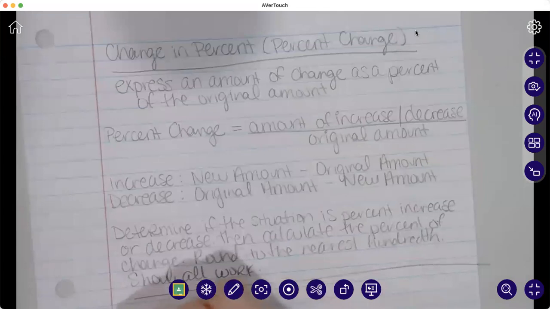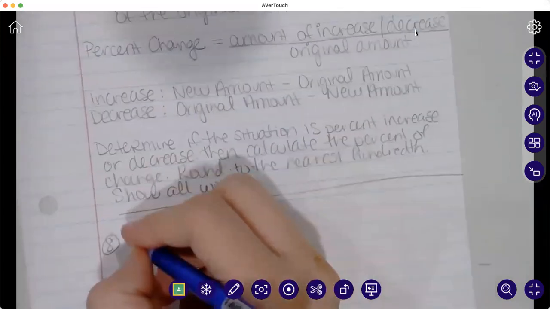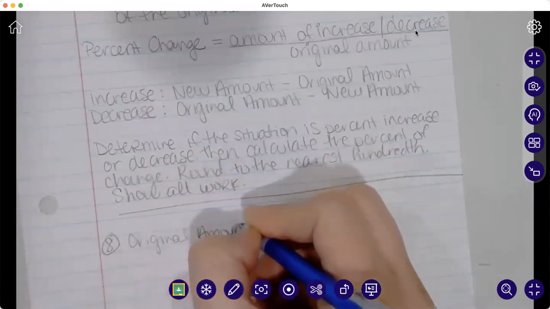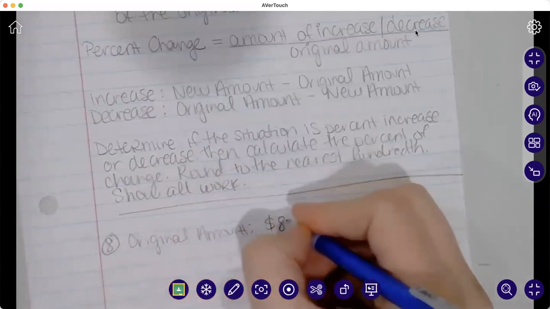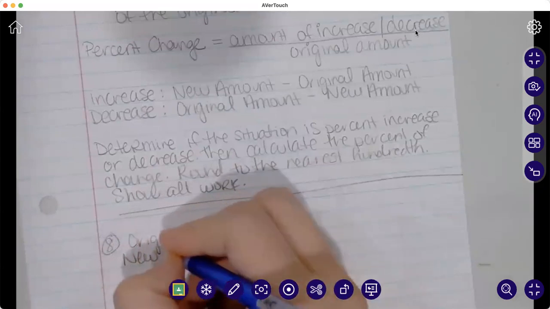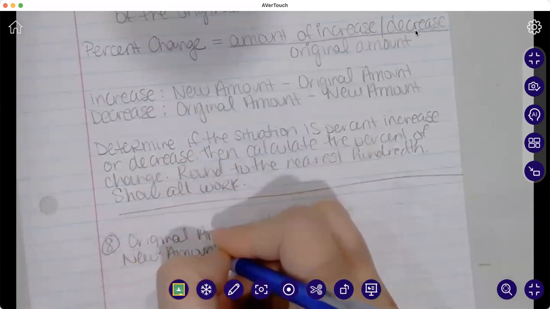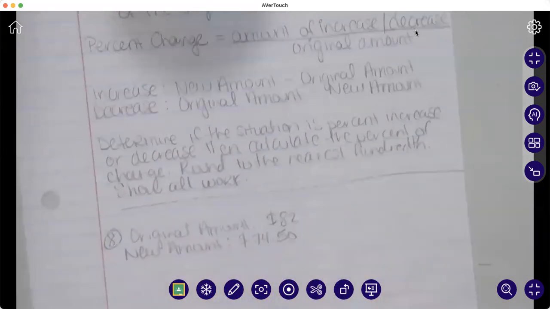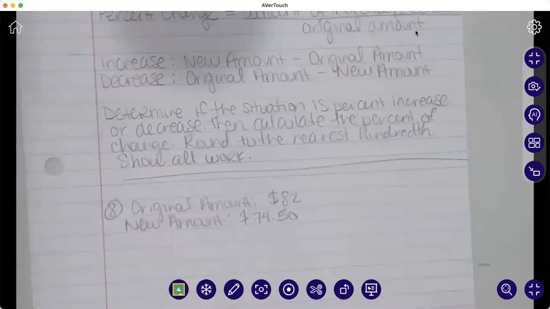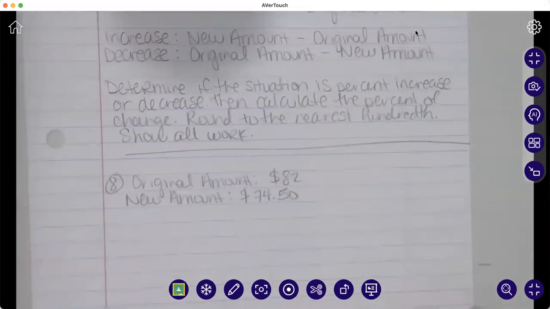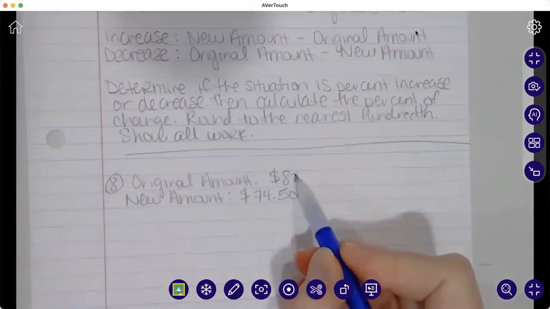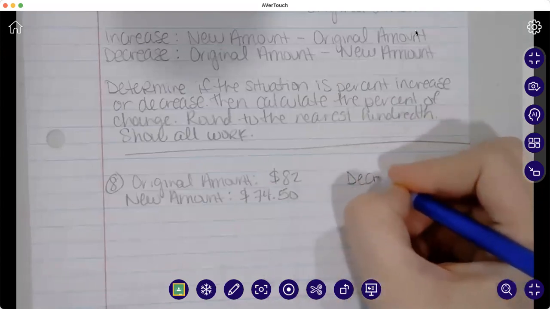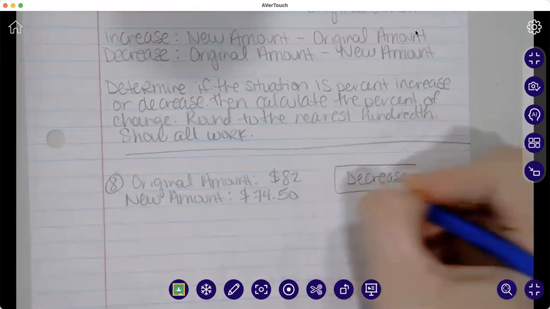So number 8, if my original amount is $82 and my new amount is $74.50, the first thing we want to determine is it an increase or is it a decrease? So looking at the price, did my price increase or decrease? Well, it decreased. So that's my first answer. This is a decrease.